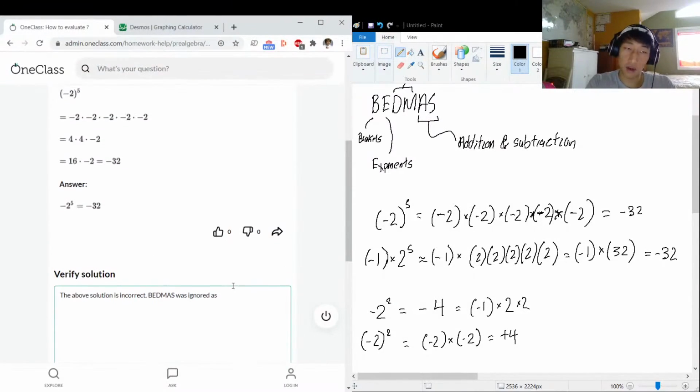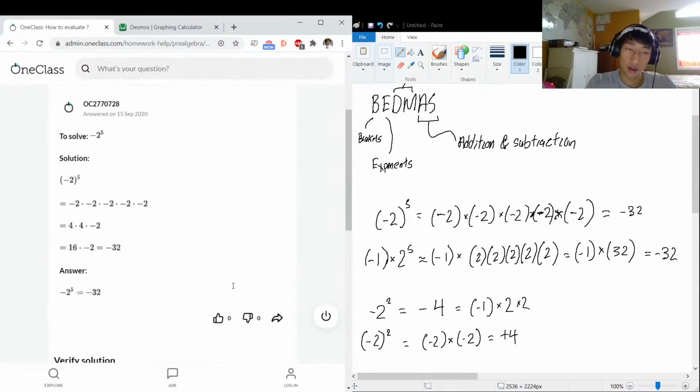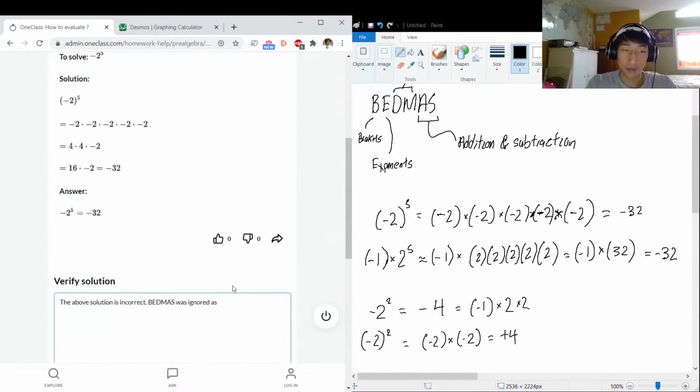So BEDMAS is ignored as brackets were added when they really should not have been.